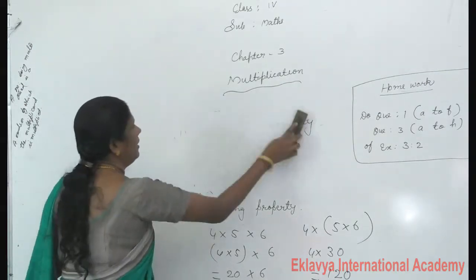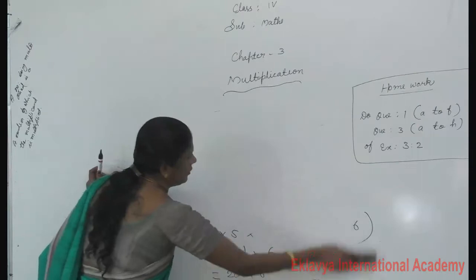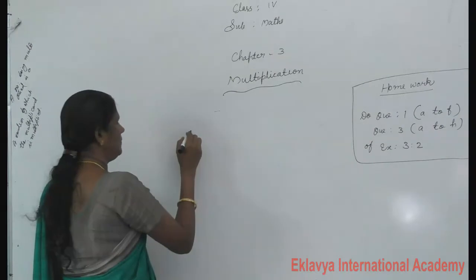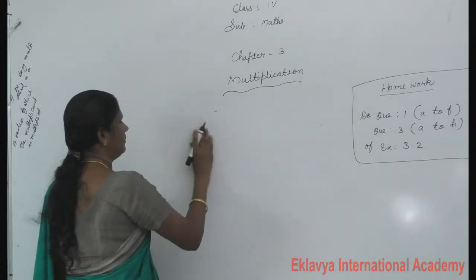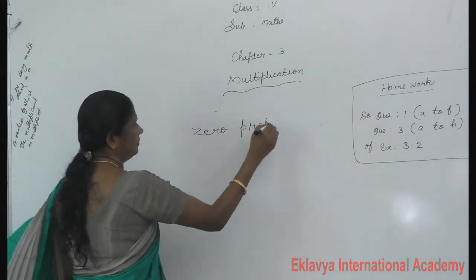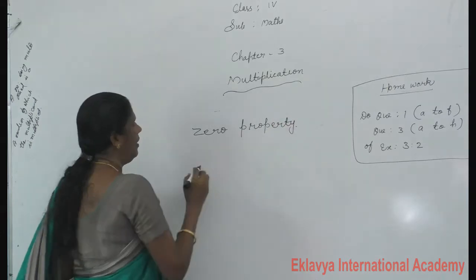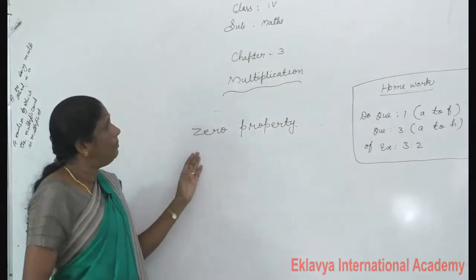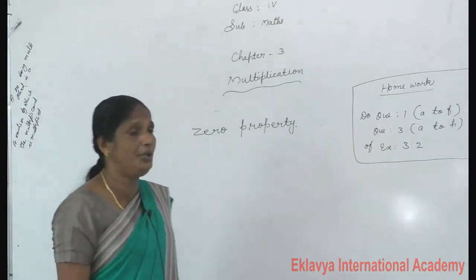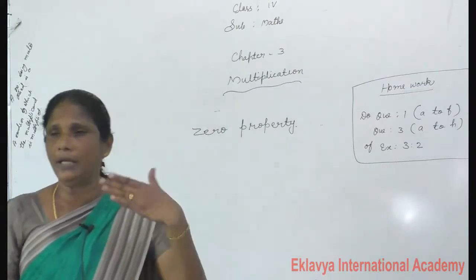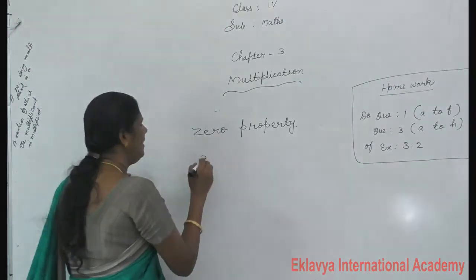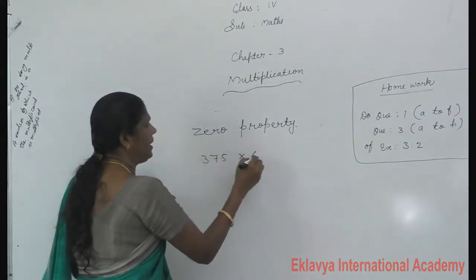The next property: zero property. When we multiply any number by 0, the result is 0. 375 multiplied by 0.